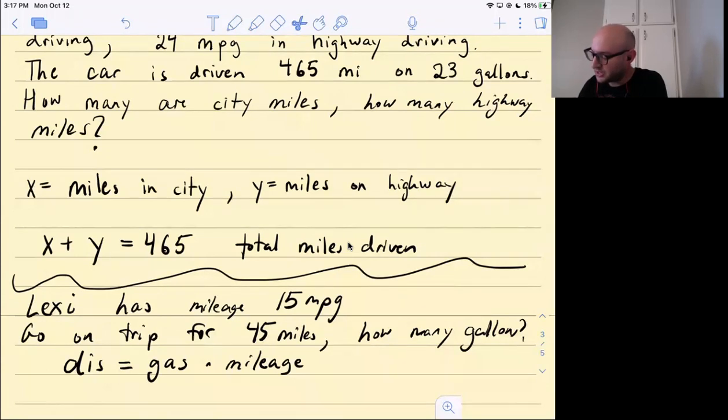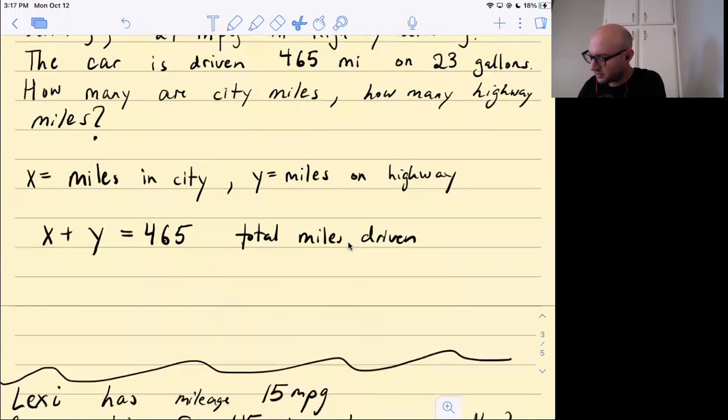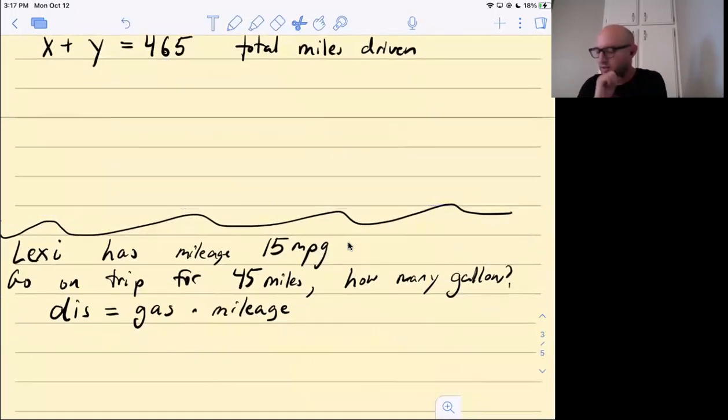If I asked you guys, not 45 miles, but if I said we traveled for X miles, how much gas would you need to use? What do you think? If instead of 45, I use the letter X, what would the answer be? How many gallons?